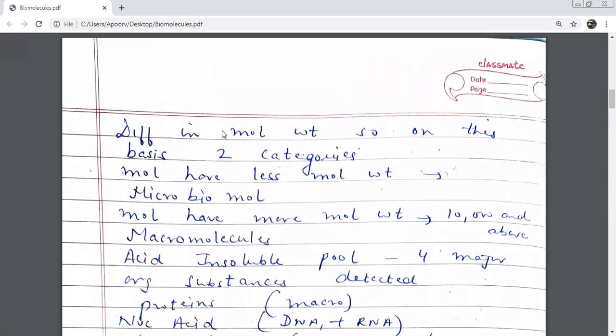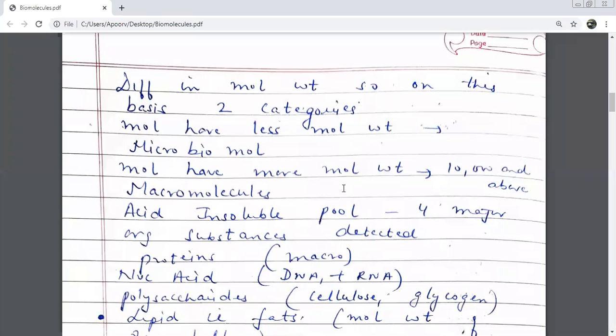So you saw there is a difference in the molecular weight. So on the basis of the difference in the molecular weight, we have two categories of biomolecules. Molecules which have less molecular weight, which are lighter, they are known as micromolecules. What are they called, children? Micromolecules. And those molecules which have more molecular weight, that is 10,000 and above, are known as macromolecules.